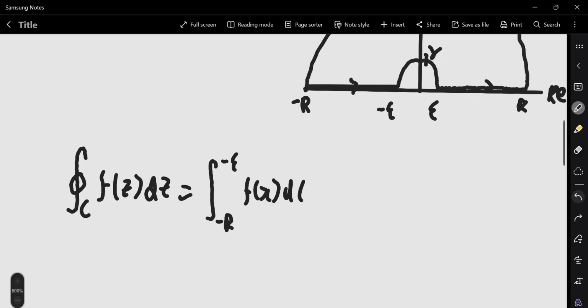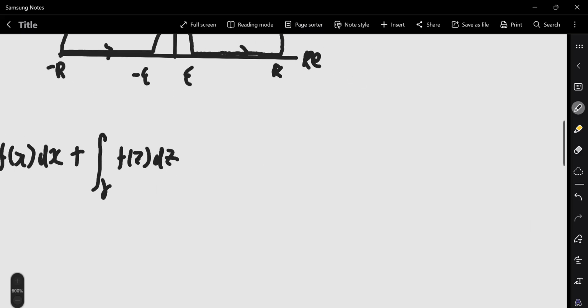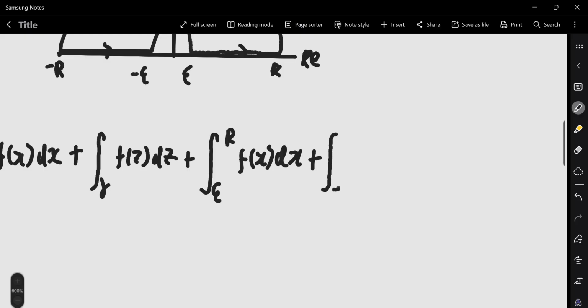Plus our little gamma integral here, plus the integral over little gamma of f(z) dz, plus the integral from epsilon to R of f(x) dx, plus our final one, which is our big boy Gamma, f(z) dz.